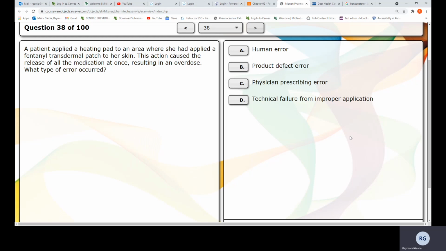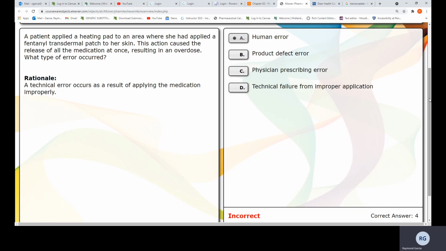What'd you say to that? A. Technical error occurs as a result of applying the medication improperly. So, either technical failure from improper application. It's the heat that made it release.